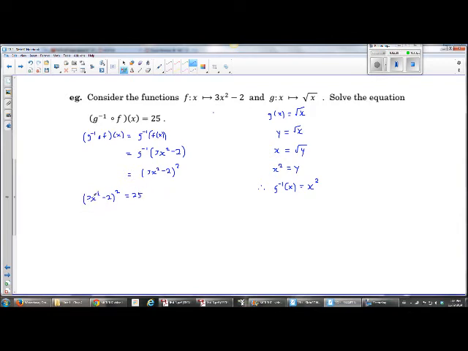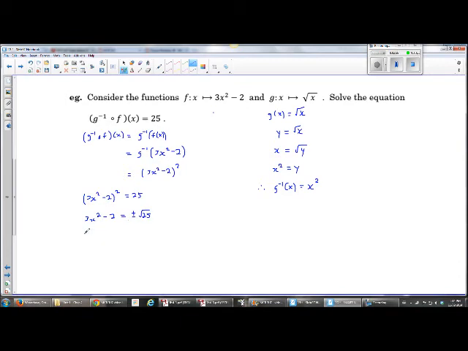And I have to start solving this. I'm going to have to take the square root of both sides. So I'm going to get 3x squared minus 2. And because there's a variable here, we need a plus minus root 25. Now technically the plus minus should have been over on this side, but eventually it comes over to the right side anyway, so I'll just skip a step and bring it over to the right side.